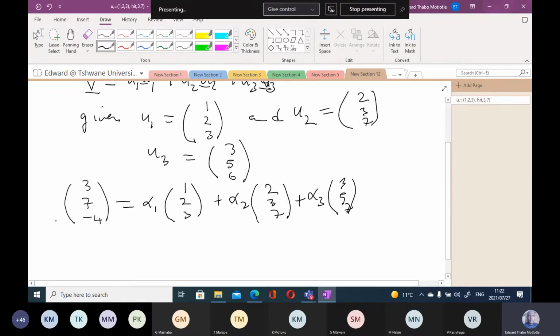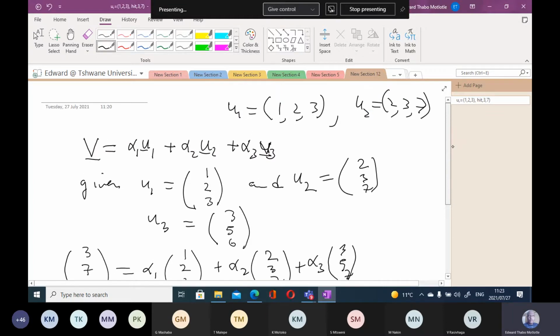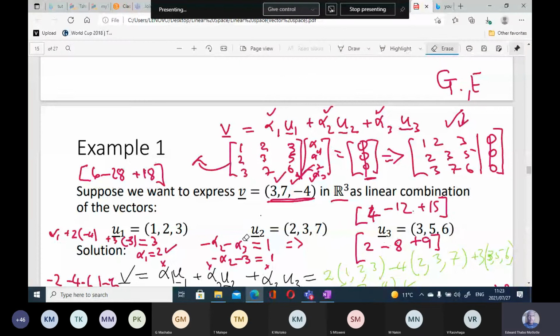Now we can write this as an augmented matrix. In augmented matrix form, this will look like 1, 2, 3, 2, 3, 7, 3, 5, 7. Did I copy them correctly? Otherwise, they won't work. So it's 1, 2, 3. No, it's 6. 1, 3, 5, 6.